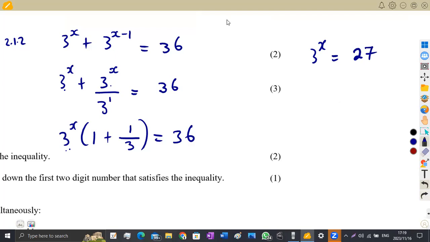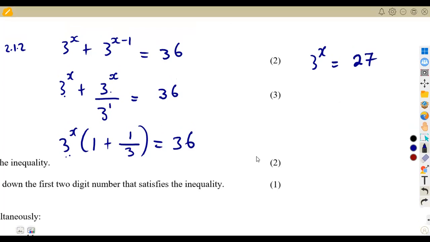So once you're at this stage, guys, remember that you can make the bases the same. In the base of 3, it follows that 27 can be written as 3 to the exponent of 3. So once you have this, you can equate your exponents because the bases are the same.